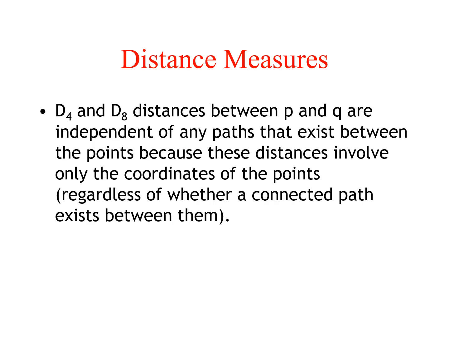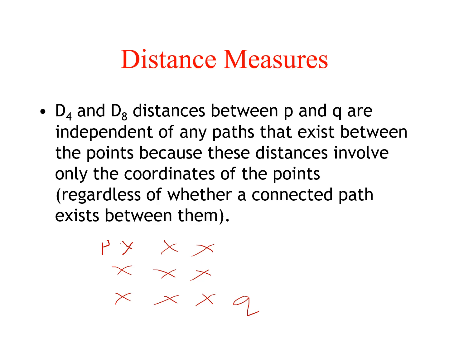The D4 and D8 distances between p and q are independent of any path that exists between the points, because these distances involve only the coordinates of the points, regardless of whether a connected path exists between them or not. Suppose this is your p and this is your q. Whether you have pixels in between or not does not matter, and it will give you the distance irrespective of other pixels in between.